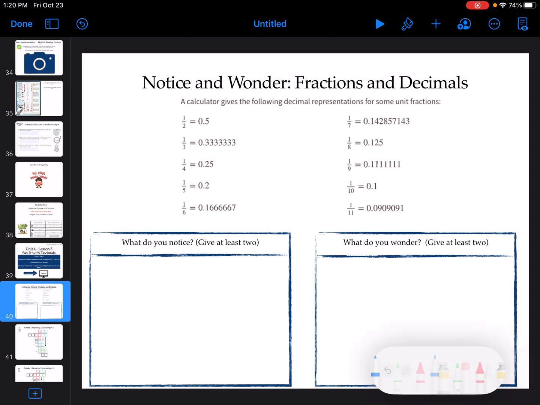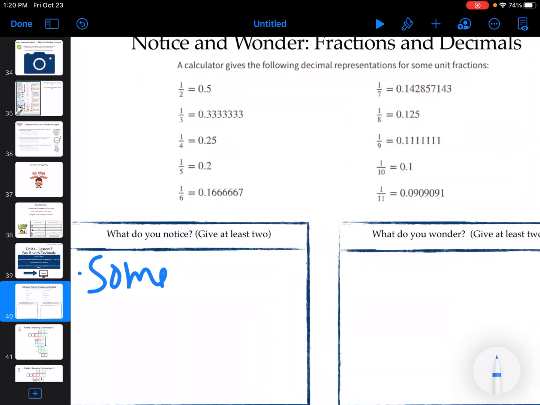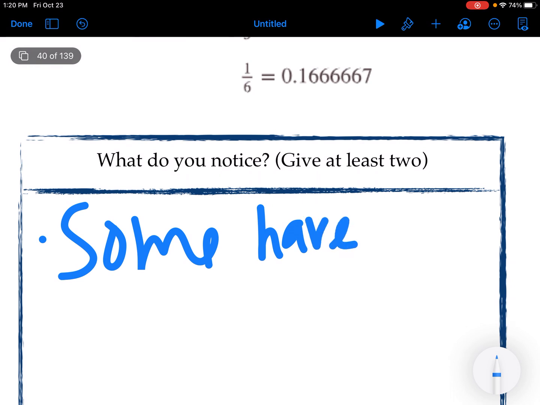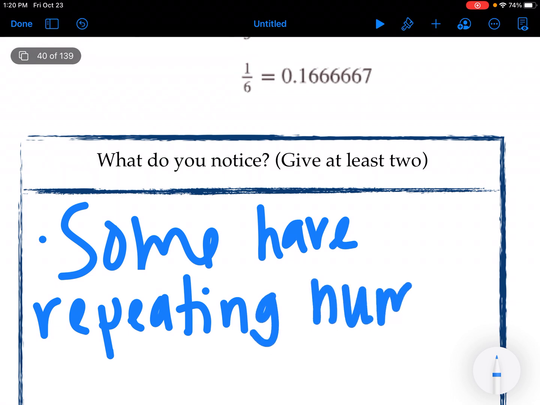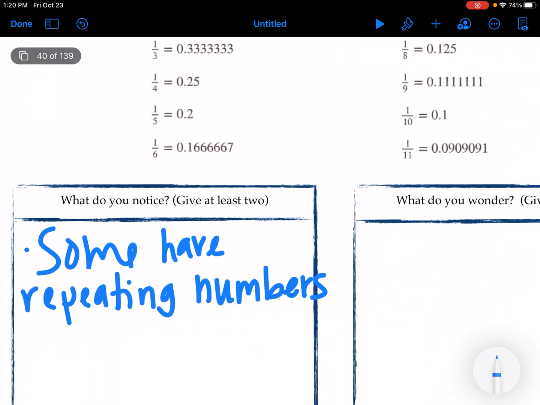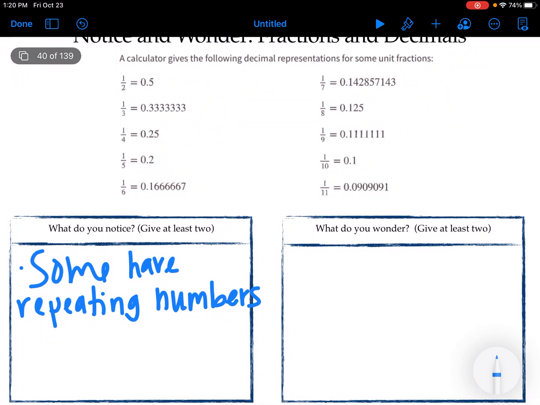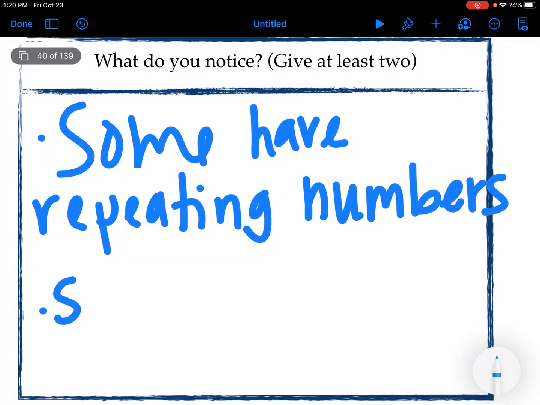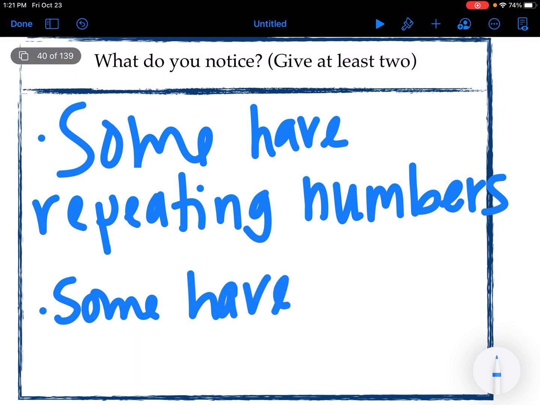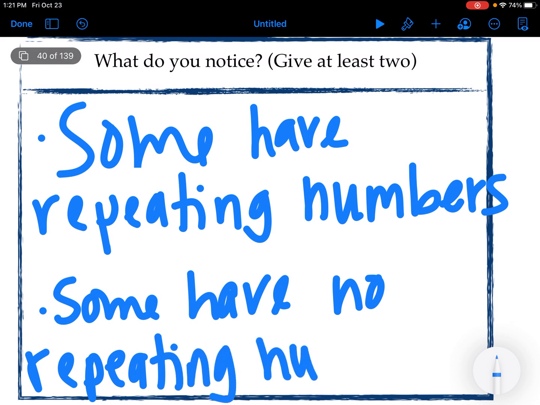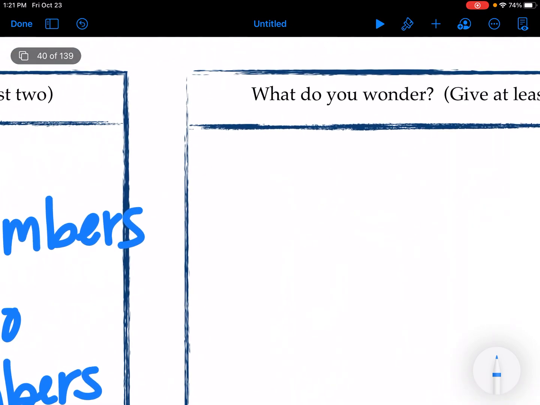All right, so they're giving us a notice and a wonder. Give at least 2. So when I look at this, I notice some have repeating numbers, and then some have no repeating numbers. What do you wonder?